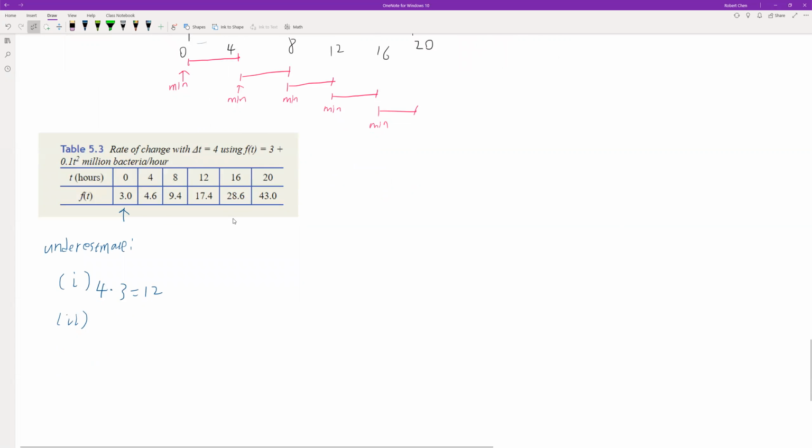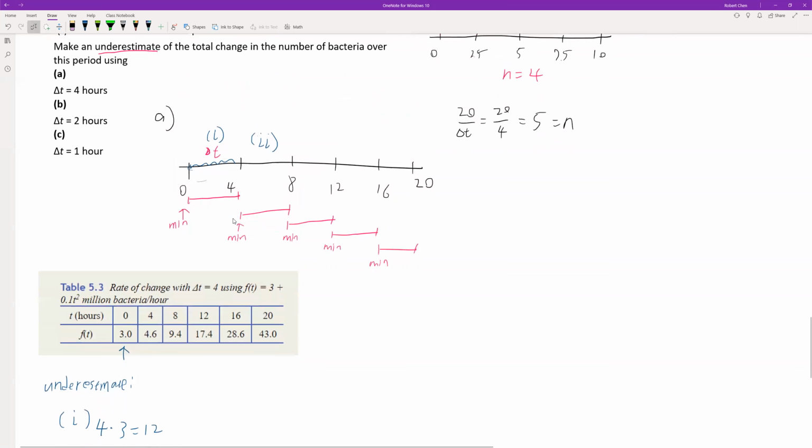Between hour 4 and hour 8, that's another 4-hour span, and we want to take the minimum between 4 and 8, which is 4.6. That gives you 18.4. And then you do the same thing for the rest of them. Let's call each interval a name: 1, 2, 3, 4, and 5.